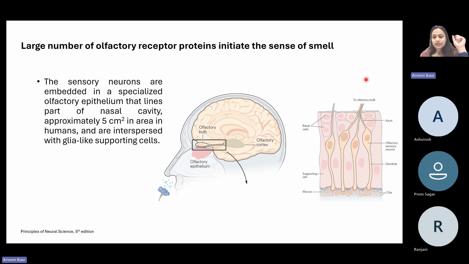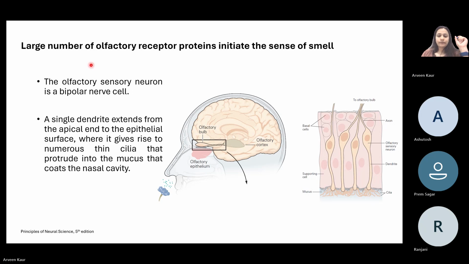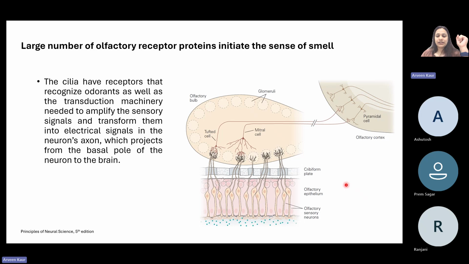And the axons are going into the olfactory bulb. The olfactory sensory neuron is a bipolar nerve cell, right? A single dendrite extends from the apical end. So this is a dendrite, right? It extends from the apical end to the epithelial surface where it gives rise to numerous thin cilia that protrude into the mucus that coats the nasal cavity, right?